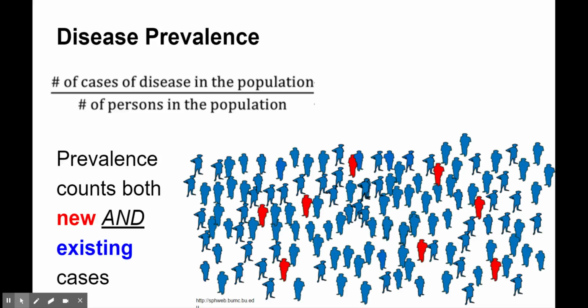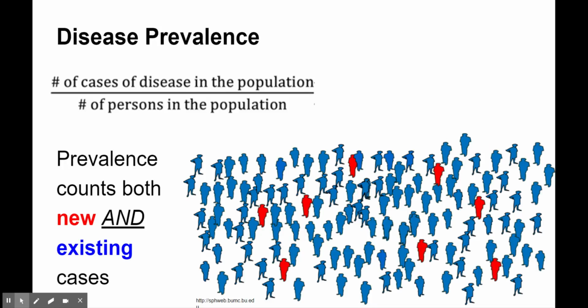Sometimes you will see this get confused with a similar disease measure statistic, which is disease prevalence. This is different from incidence because whereas incidence gives you the number of new cases of disease in a given population, prevalence gives you a calculation that is based on the total number of cases divided by the population.